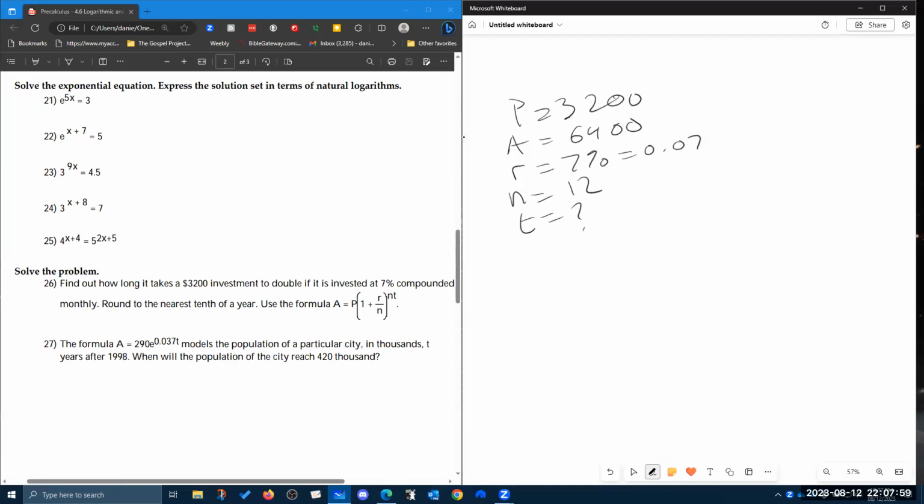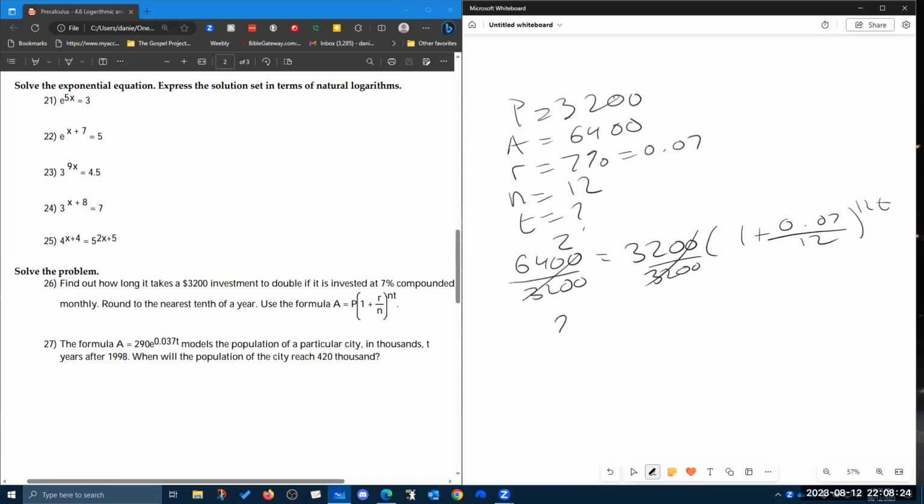So we're going to say that A is 6,400 equals 3,200 times 1 plus 0.07 divided by 12 to the 12t. When I divide by 3,200, this is going to be 2 on this side because it's doubling.